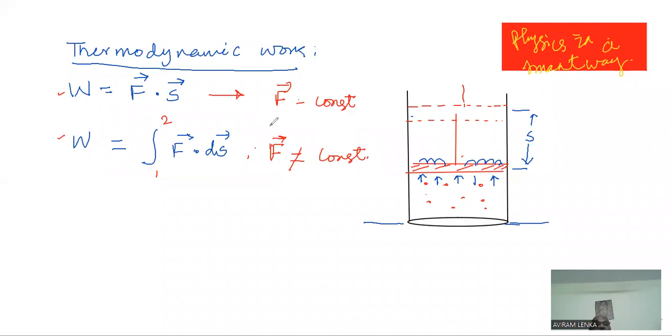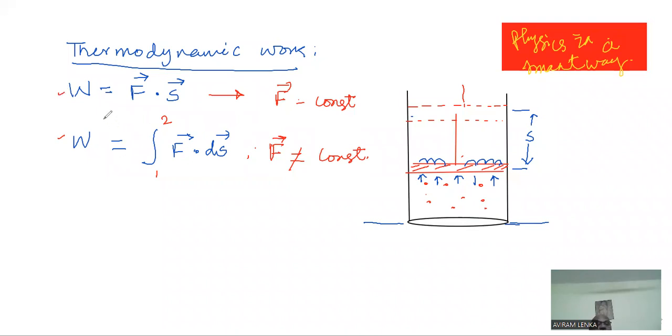Those are the regular formulas of work, we know work and all that. But now we are in thermodynamics. In thermodynamics, we don't go for finding the force and the displacement; they are not popular. Force is not so popular, but rather pressure is popular.